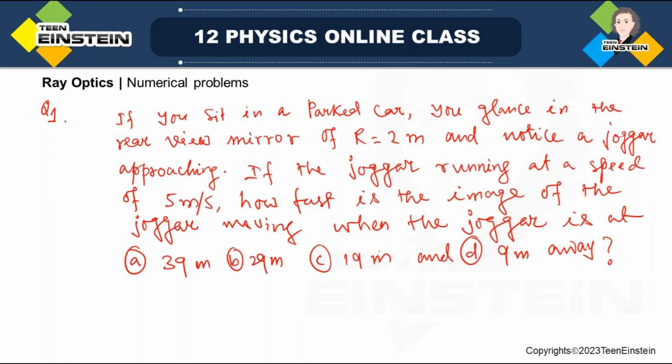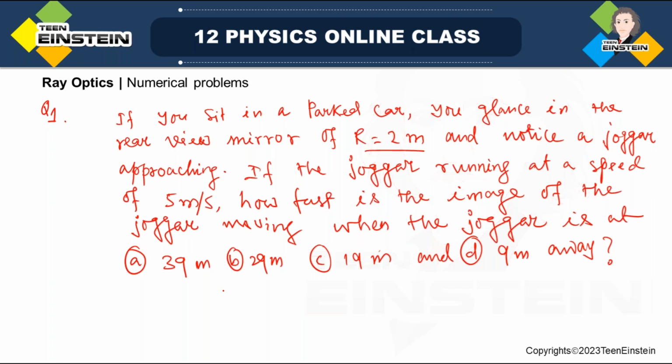I'll just make you understand about the question first. Let me tell you what the question says. As you have understood a little bit, if you sit in a parked car and you glance in the rear view mirror, R is equal to 2 meters.